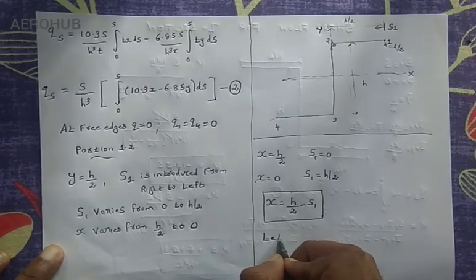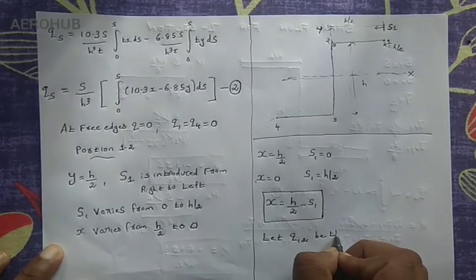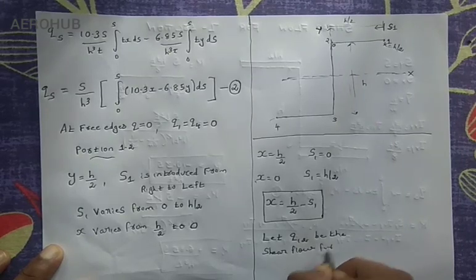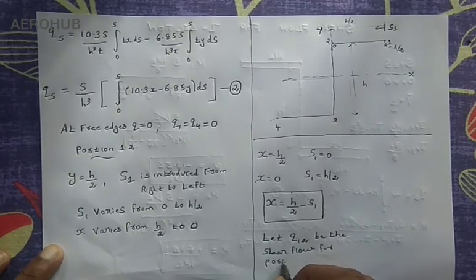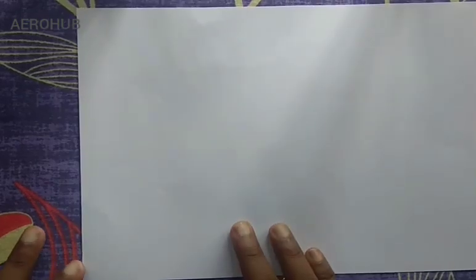Let Q12 be the shear flow for portion 1-2.